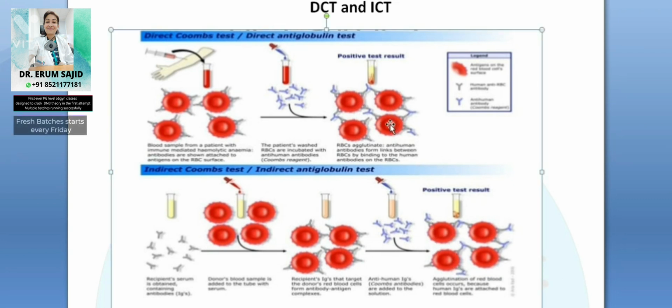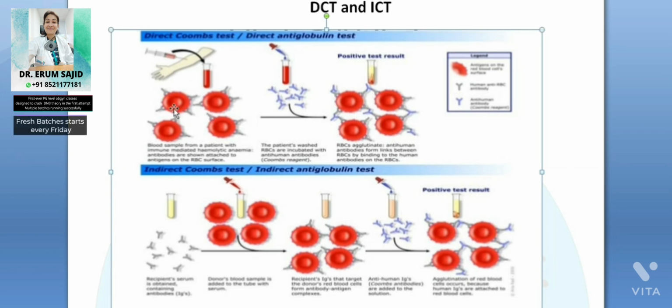Now, what is the gist behind this whole test? In direct Coombs test, what are you trying to see? Whether the RBCs have some autoimmune antibodies. Only in that case is this direct Coombs test going to be positive. That means I'm talking about cold agglutinins, warm agglutinins, the complement cascade, whatever it is, but it is stuck onto the RBCs and very much there in the plasma.